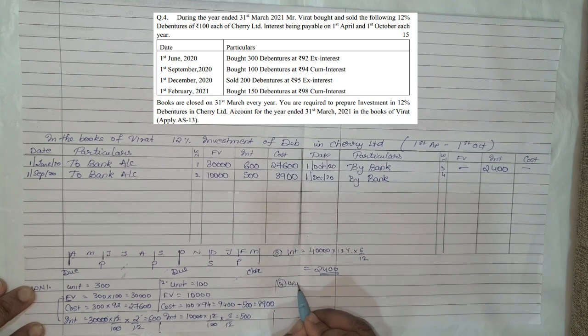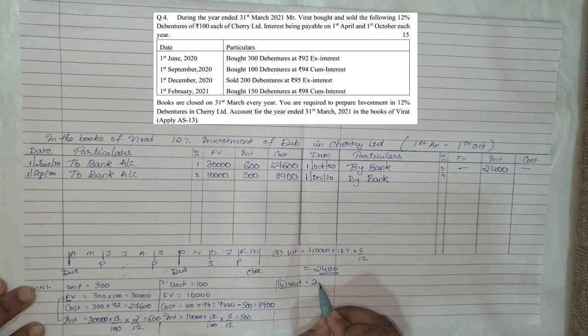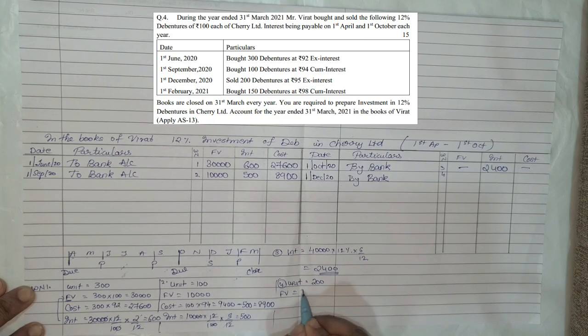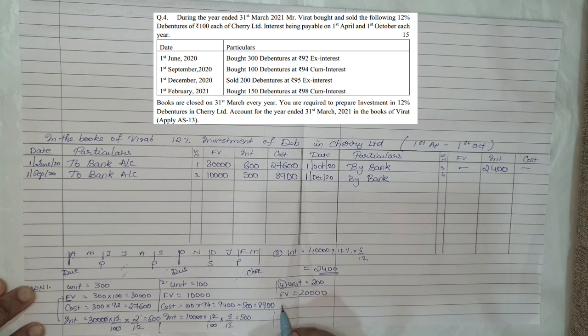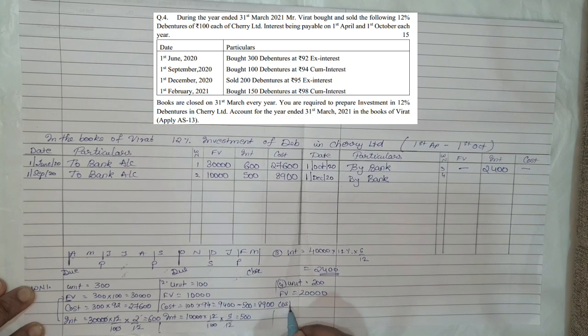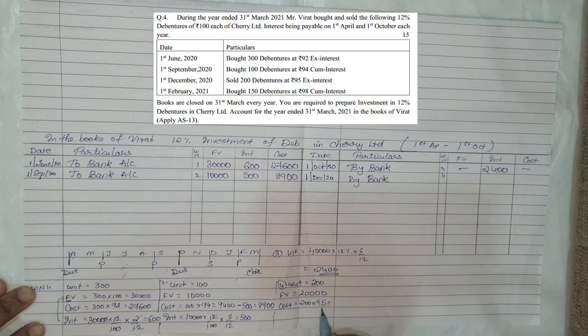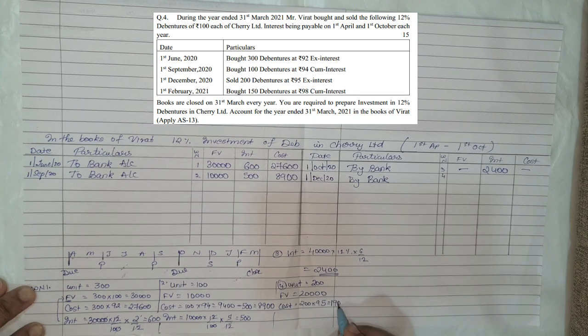Again in the same way, unit, we are selling 200 units. So the face value will be 200 into 100, which is 20,000. Cost, you are selling it at 95 ex interest. So 200 into 95, which comes to 19,000. And at ex interest, so you don't have to minus any interest from it.